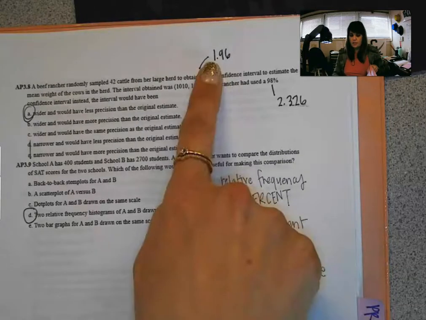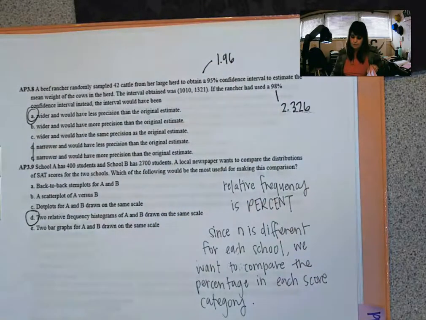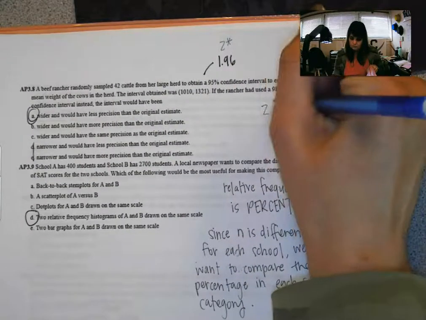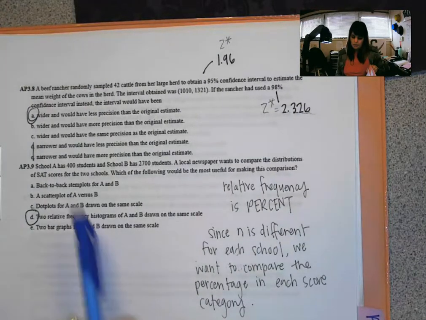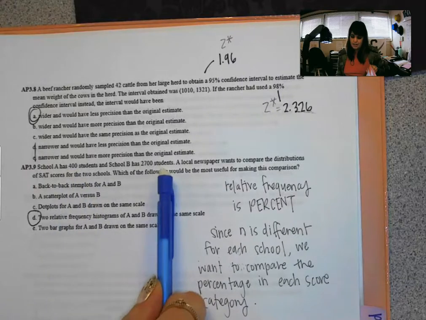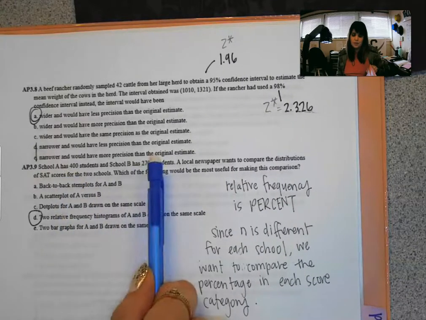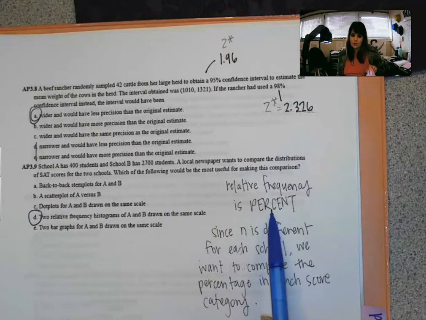These are the z-criticals that go with those confidence levels. If you have sample sizes that are different, so here one sample is 400 and here one is 2700, you always want to change your y-axis to percent.